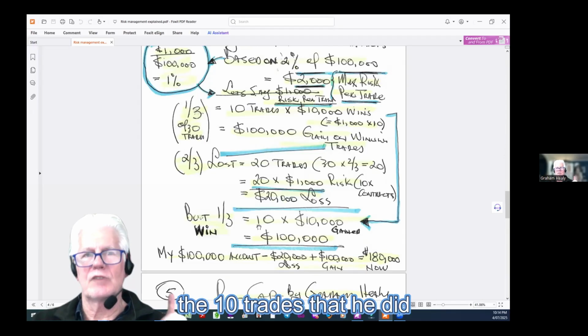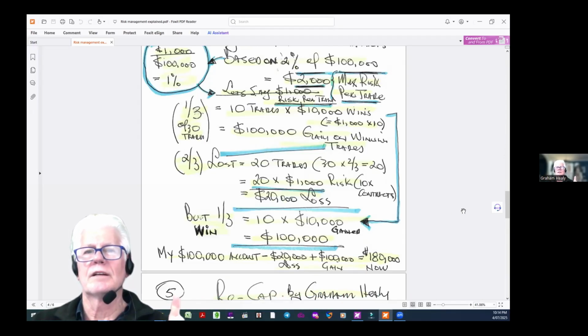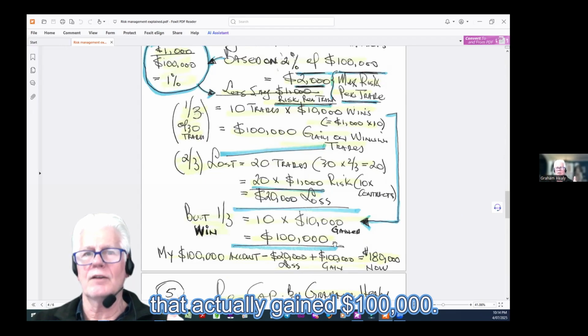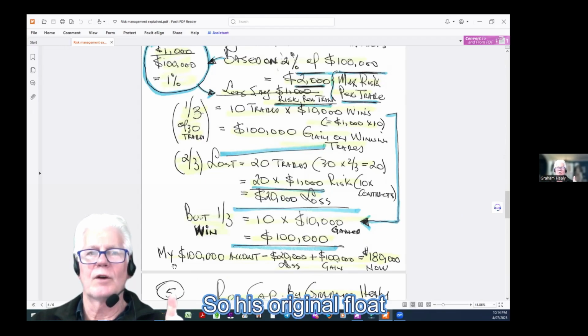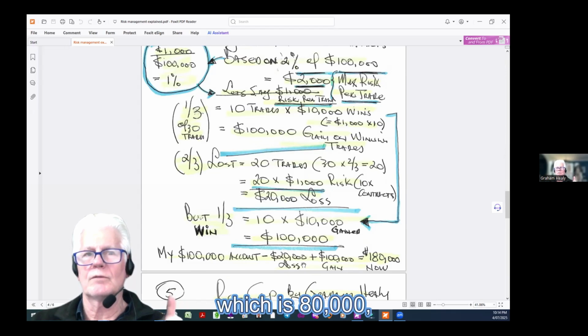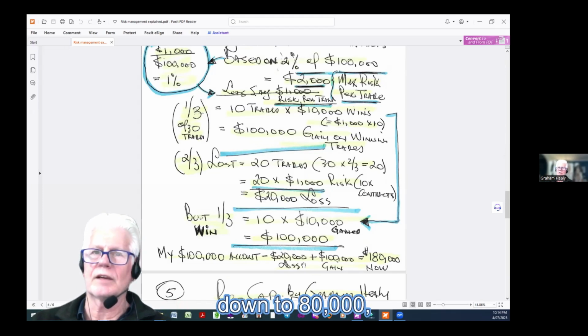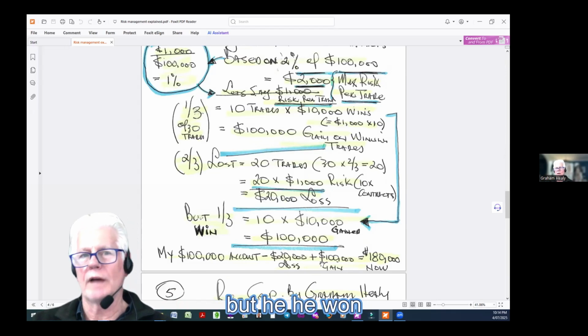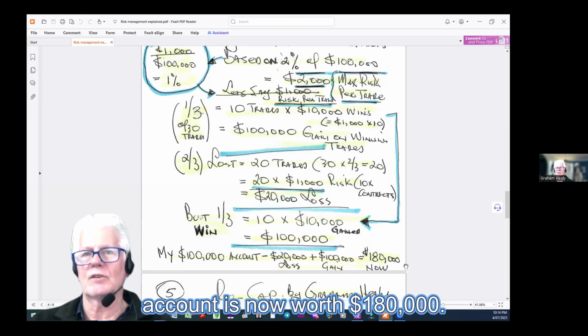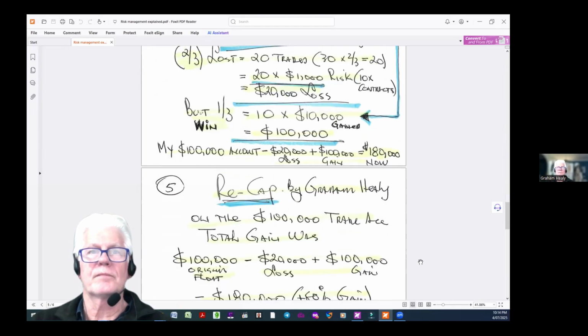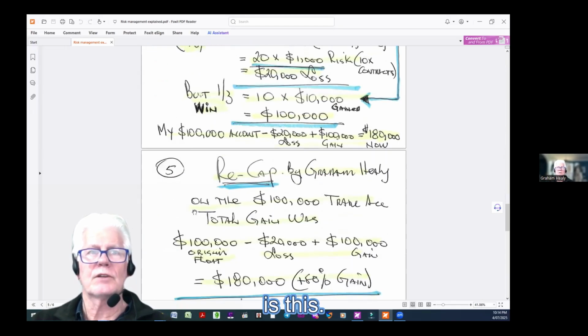But the 10 trades that gained actually gained $100,000. So his original float lost 20,000, down to 80,000, but he won 100,000. So that account is now worth $180,000.